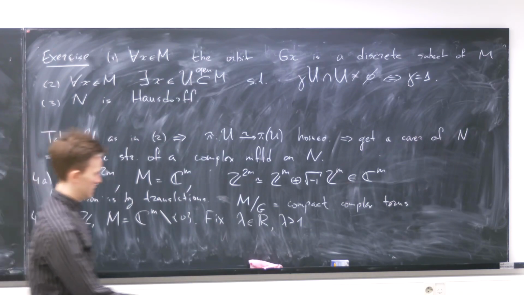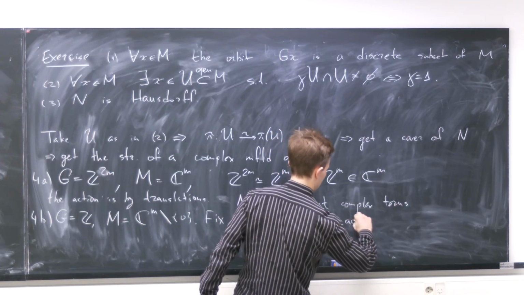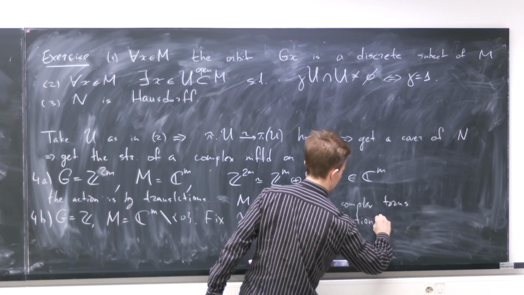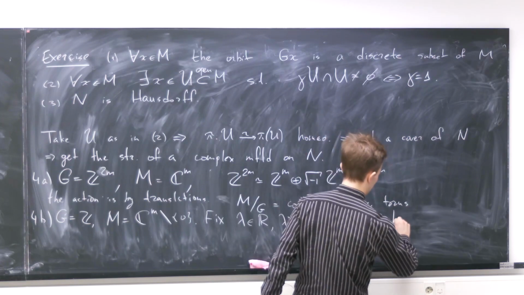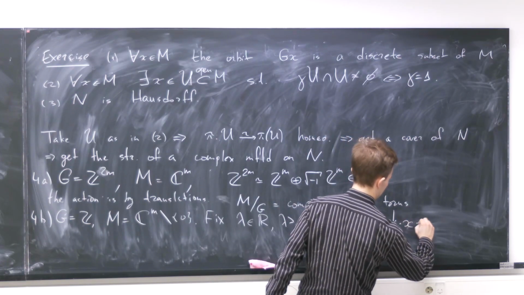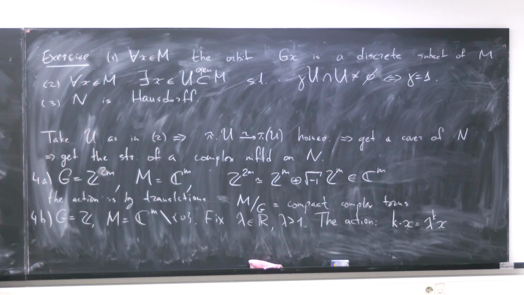Then the action is by dilations. I take some element k from Z, so k dot x will be lambda to the power k times x.